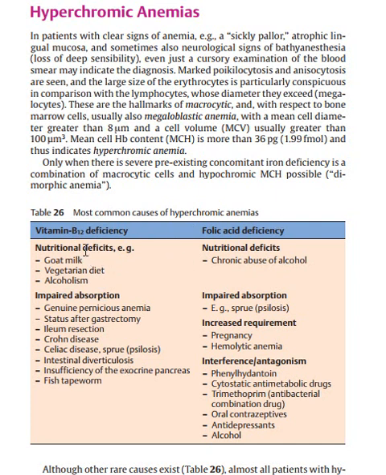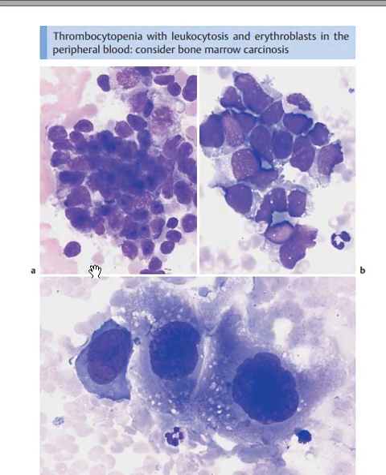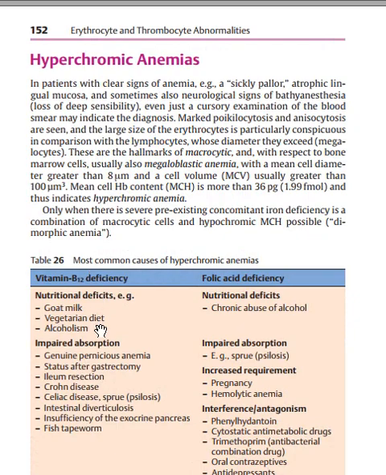You have nutritional deficit of vitamin B12 when you have low levels of goat milk and low levels of vegetable diet, and alcoholism also results in low vitamin B12. That's why an alcoholic patient is usually going to have a hyperchromic anemia.